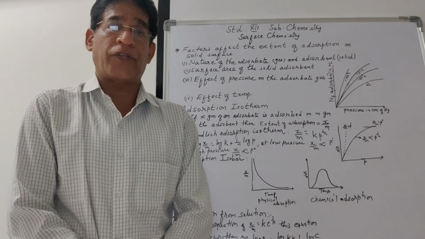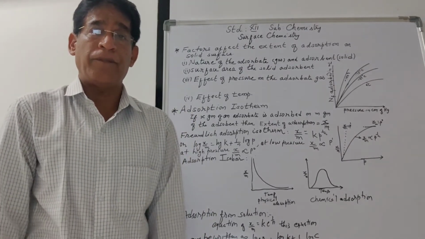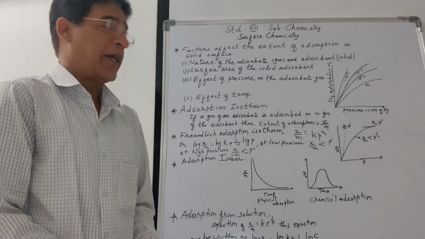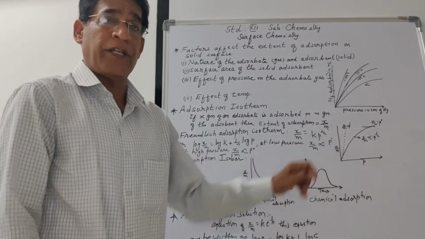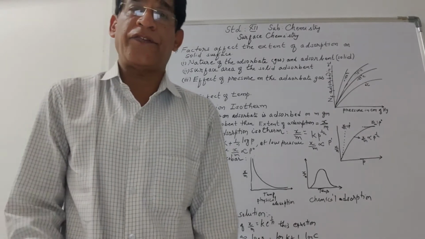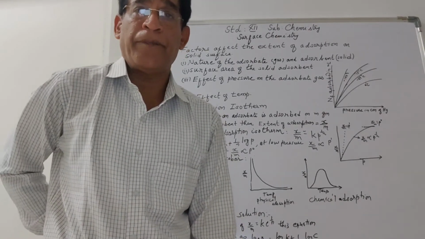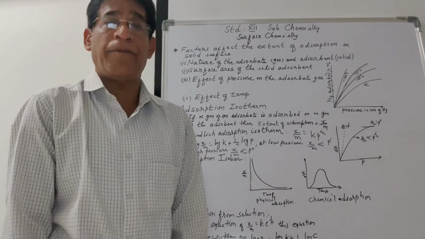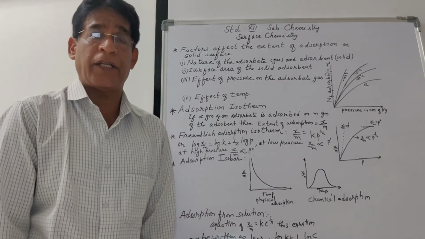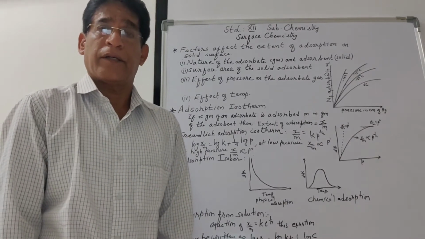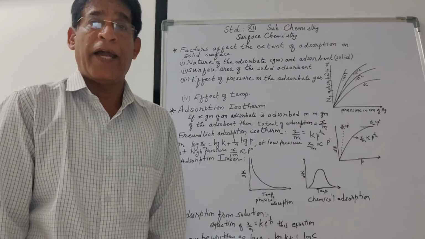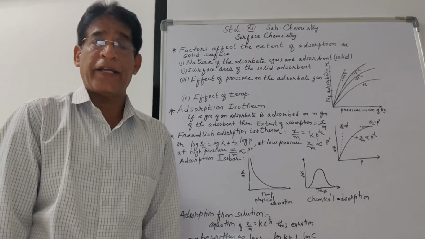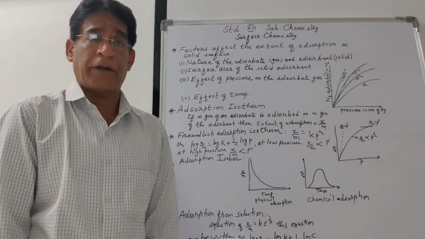The Freundlich isotherm for adsorption from solution is x/m = kC^(1/n), where x is the mass of the solute adsorbed, m is the mass of the solid adsorbent, and C is the equilibrium concentration of the solute in the solution, n is a constant having value greater than 1, and k is the proportionality constant.